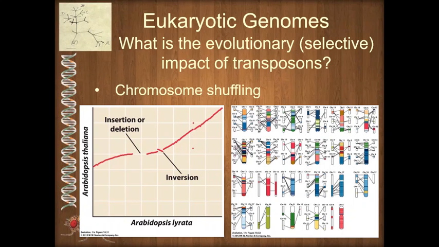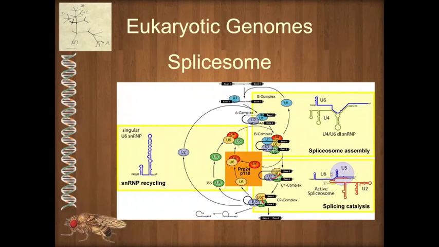So this is corn and rice, 2 monocot plants, and an attempt to look at the synteny of their genes. Notice there are regions that match up, but there are regions that have been shifted around greatly. Every line here, every little split, represents a shift in a portion of the genome. So genome rearrangement is frequent across all organisms, not just the prokaryotes. It happens all the time in the eukaryotes also.